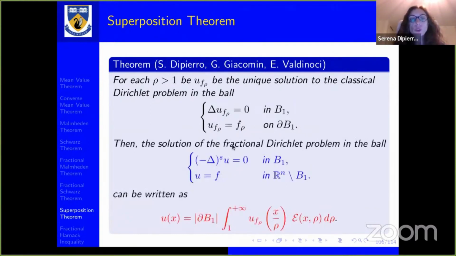Then the solution of the fractional Dirichlet problem in the ball B1, so the fractional Laplacian equal to 0 with U equal to f in R^n minus B1, can be written as a superposition of harmonic functions. This superposition is weighted by the same kernel that we had before.